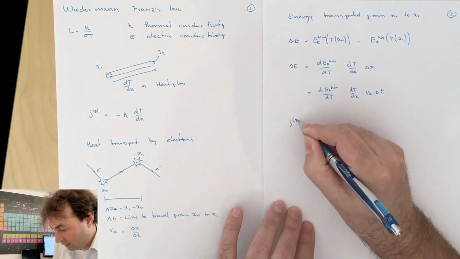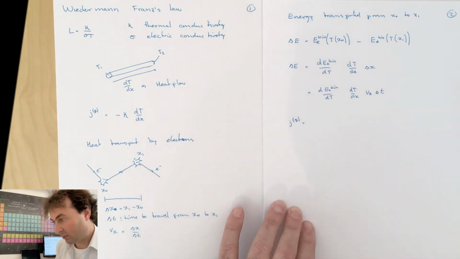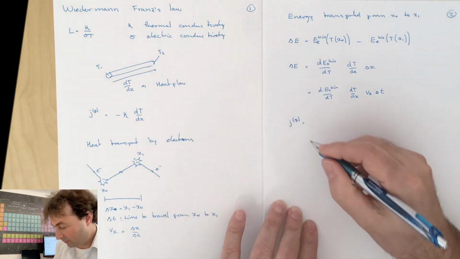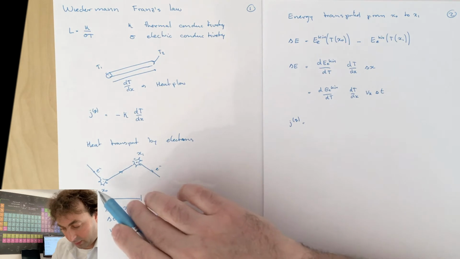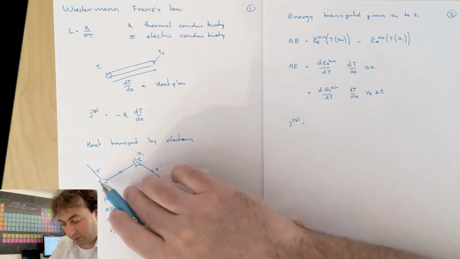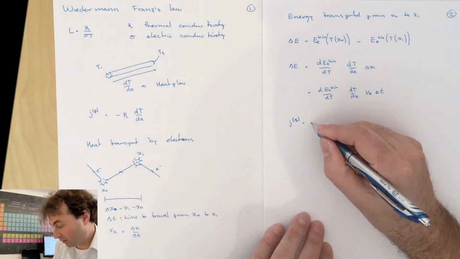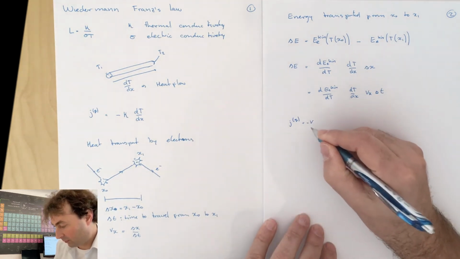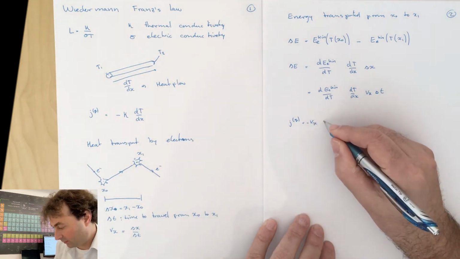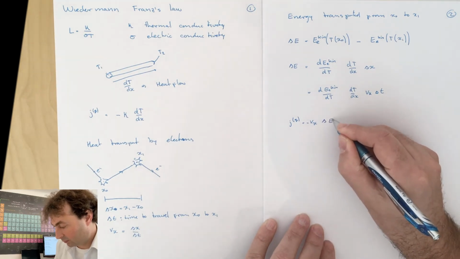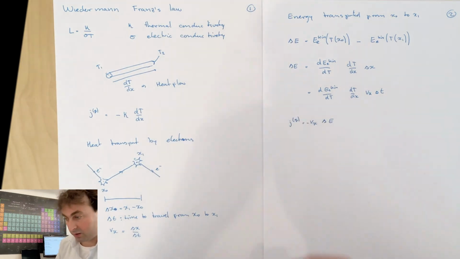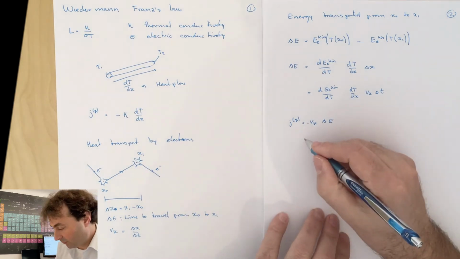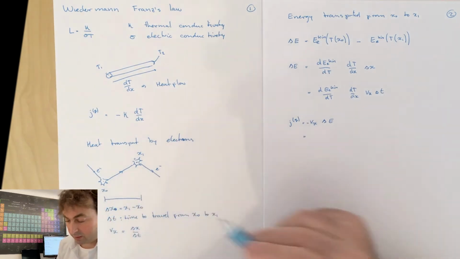The heat transport is given by the amount of energy that the electron passes times the velocity that this electron has, because that tells you how fast your energy is transferred from x0 to x1.